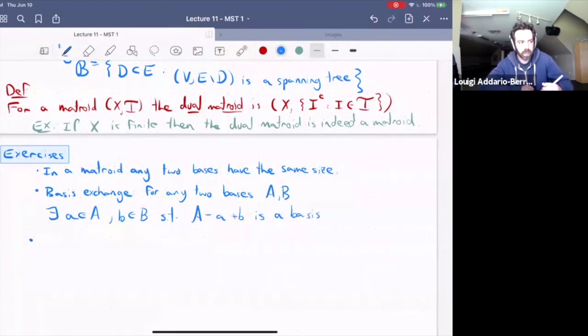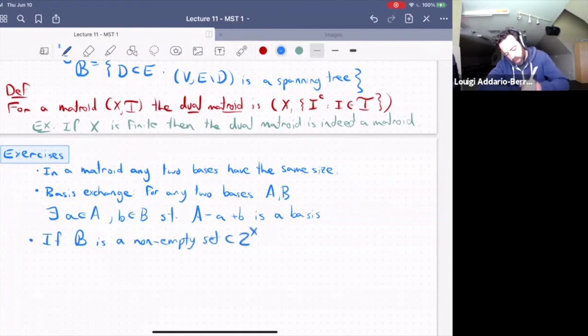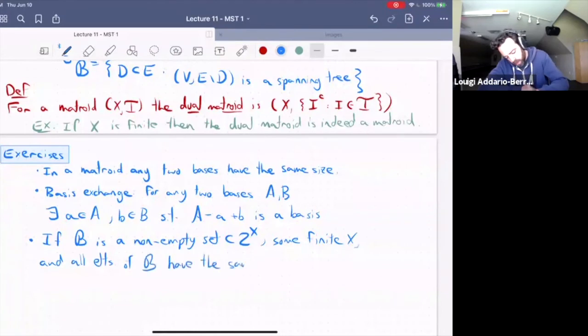And I think this one is correct. If B is a non-empty set contained in 2 to the X for some finite set X, and all elements of B have the same size, then B is the basis set of some matroid.